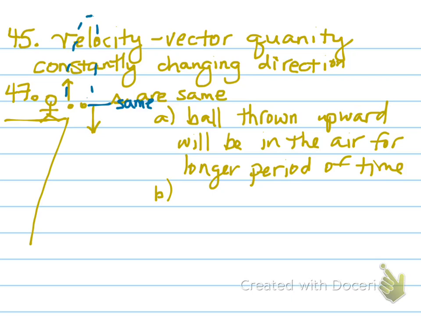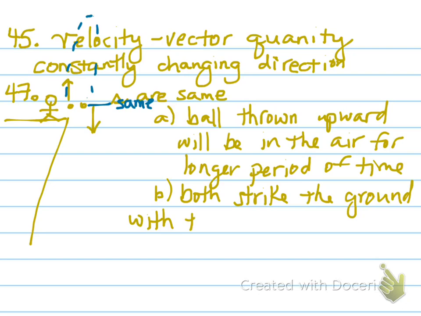So both are going to strike the ground with the same speed. When the upward ball returns to its original level, it has the same speed as the ball thrown downward.